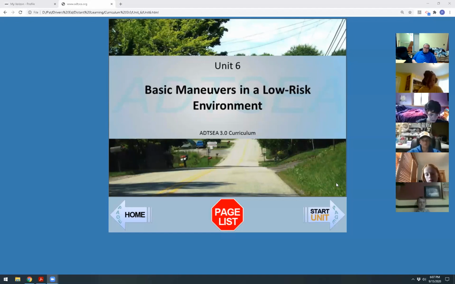All right, so Unit 6 is called Basic Maneuvers in a Low Risk Environment. There is no such thing as a no risk environment, but some environments are more risky than others.